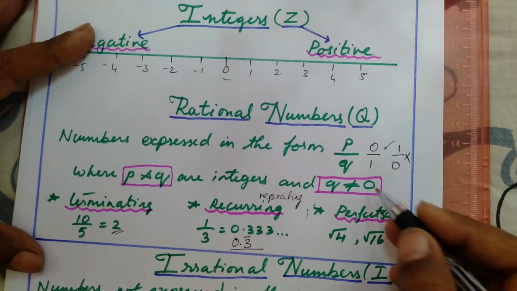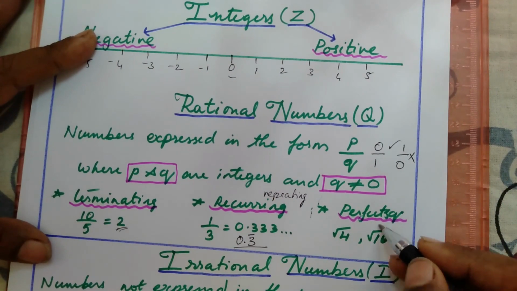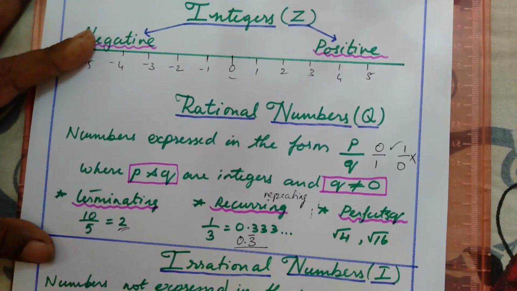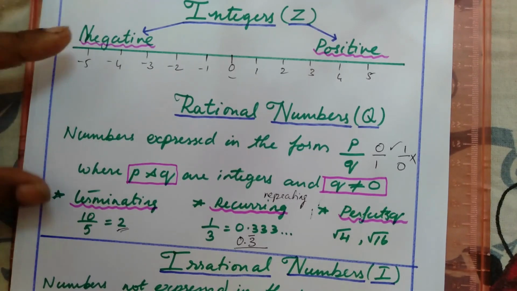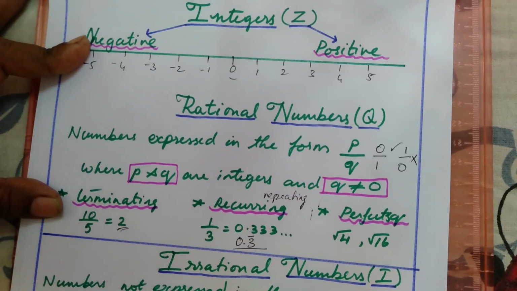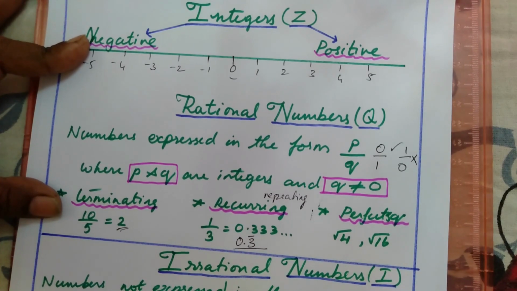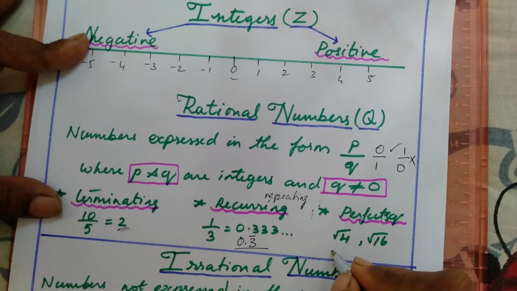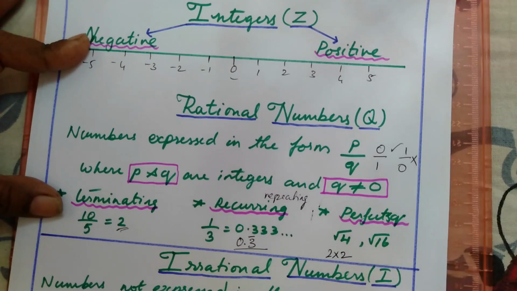Then you also have perfect squares in rational numbers. What is a perfect square? Now perfect squares are those numbers which we get by squaring whole numbers. Now if you have root 4 here, how did we get root 4 here? 2 into 2, by squaring 2 into 2.